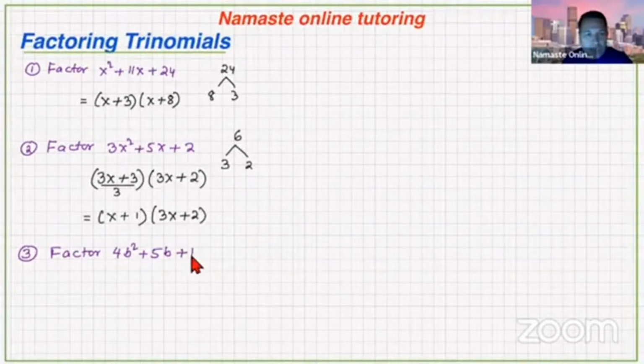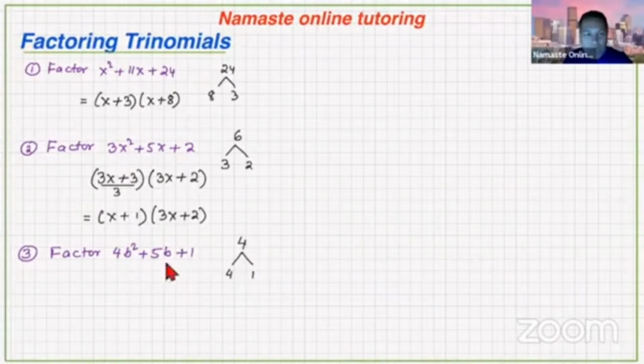So it will be 4 times 1, which is 4. And then from 4, we have to find two factors of 4 that will add to 5. Two factors of 4 that add to 5 are 4 and 1, because 4 times 1 is 4 and 4 plus 1 is 5.